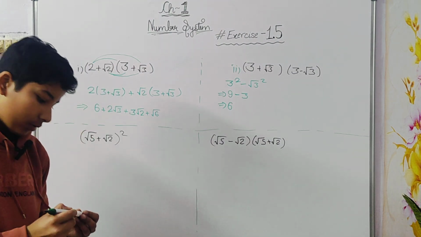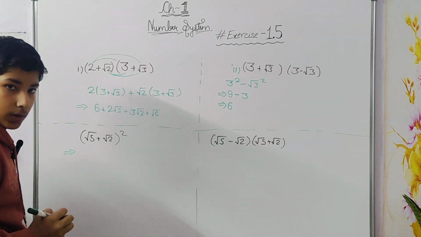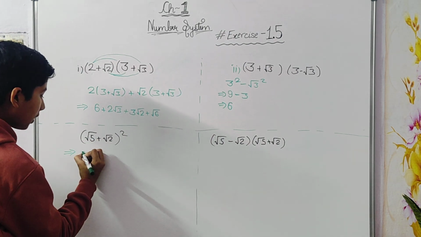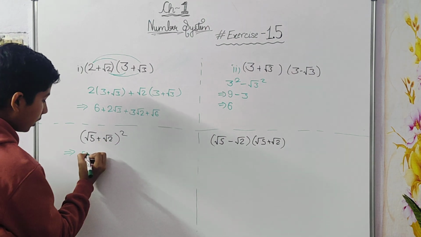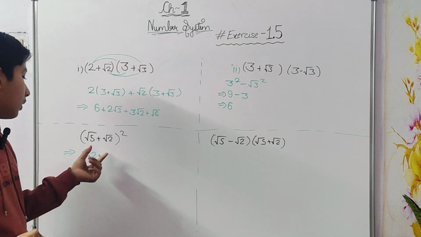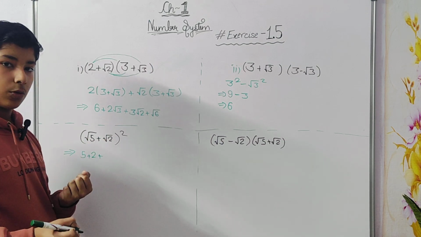So let's solve this. Root 5 plus root 2 whole square. Firstly I'll write root 5 square. Root 5 square is 5. Root 2 square is 2, plus 2 multiplied by root 5 multiplied by root 2.